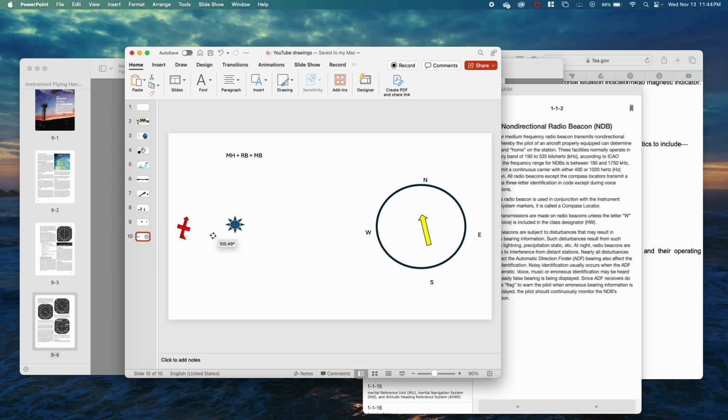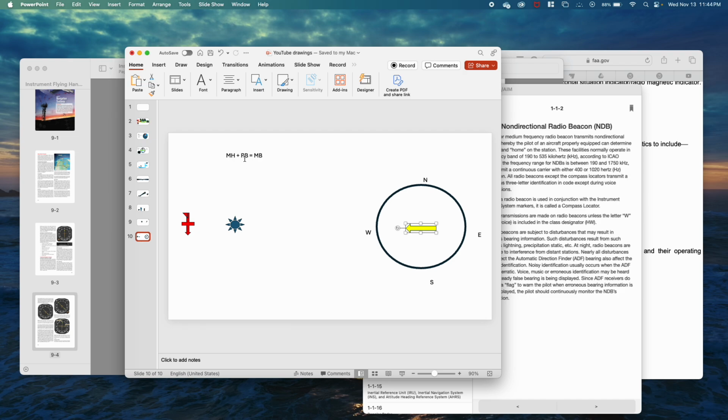All right, so a few more examples with this fixed card here. Let's say we were traveling southbound, like so. So in this scenario, the ADF would be like that. So magnetic heading is currently southbound, heading 180.